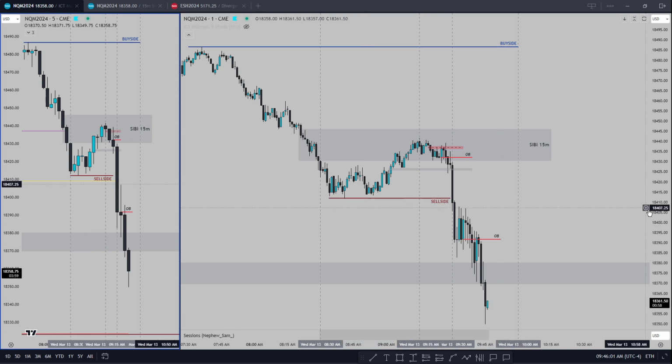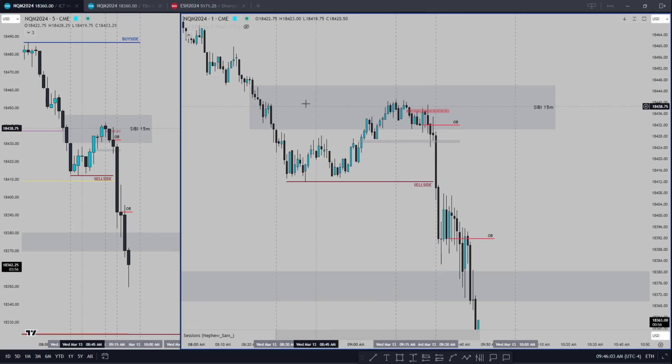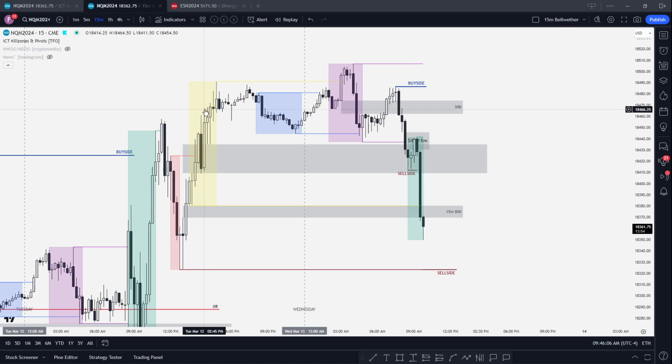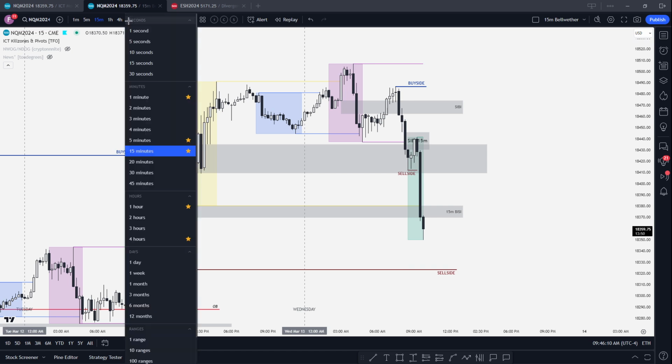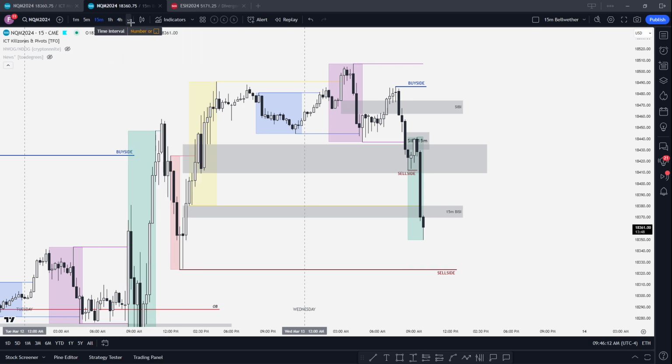It's annoying, but it really does help when you have either a 15-minute or an hourly drawn liquidity. I'm not telling you to go all the way to the 4-hour and daily, because for me personally, that doesn't make a whole lot of sense. I can have a daily bias that's bullish, then I drop down to an hourly chart and it's bearish, and then I'm going to be confused.